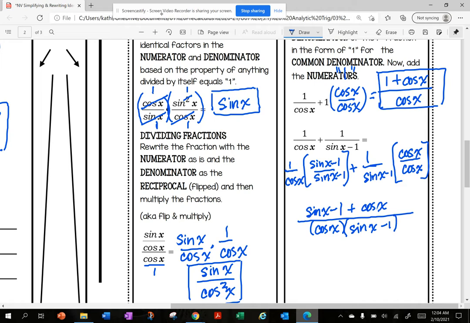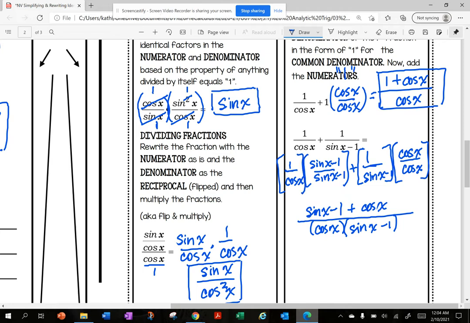So up here as sine of x minus 1, I don't need parentheses because it's really clear what I have. But when I get down to where I have more than one thing in the denominator, then parentheses are appropriate.